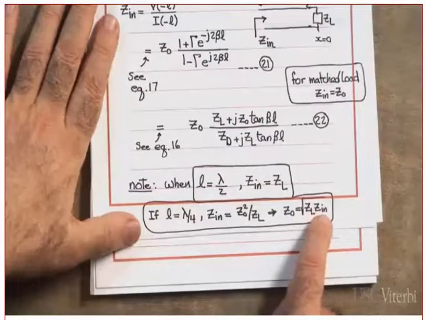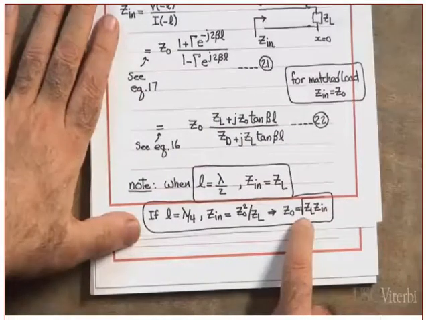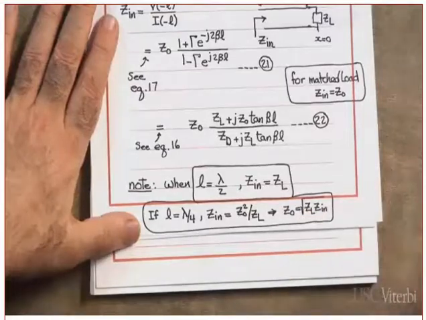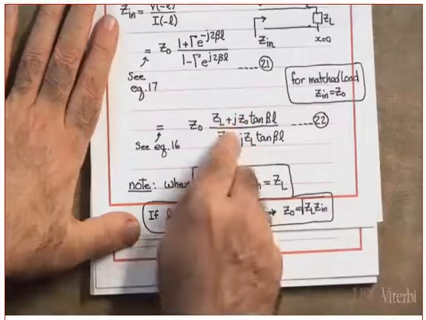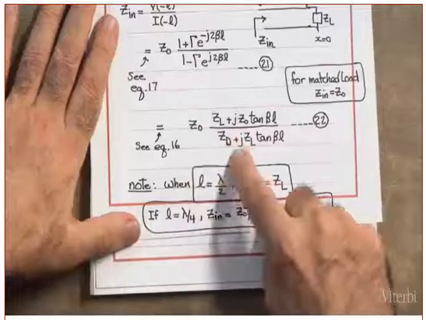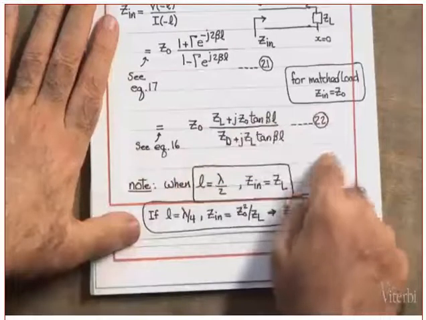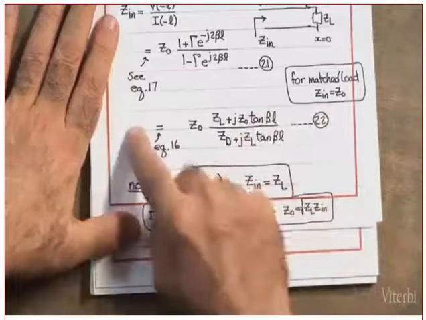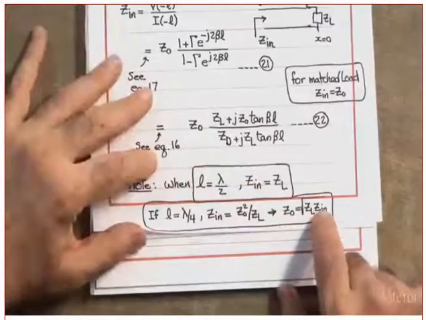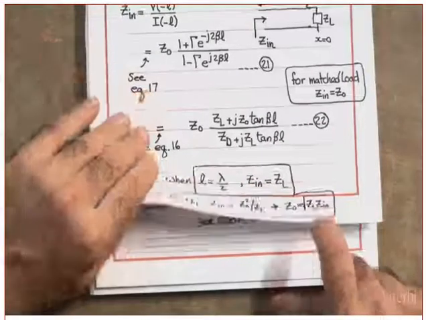ZL, Zn, the whole thing what? Square root. Did you understand where this came from? Where? Tell me, where did it come from? This is negligible. This cancels. Yes or no? So the ZL comes in here, the tangent beta L cancels. ZL comes in here, I end up with what? Z naught equal to what? ZL times what? Zn. Clear?